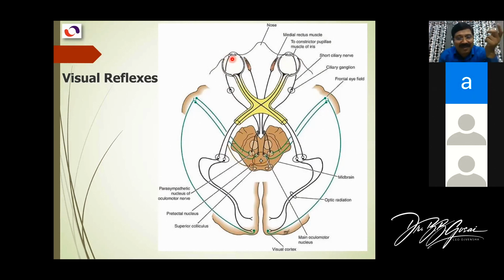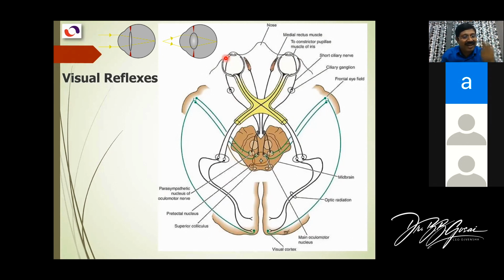The fibers pass the same way: from the pretectal nucleus to the Edinger-Westphal nucleus of the oculomotor nerve, and then the fibers go to the ciliary ganglion, and then to the ciliaris muscle. The ciliaris muscle contracts, the lens becomes thick. The sphincter pupillae contracts, the pupil contracts. Because the fibers come from the same source, the pupil will constrict and the lens will thicken when you are reading, in near vision.